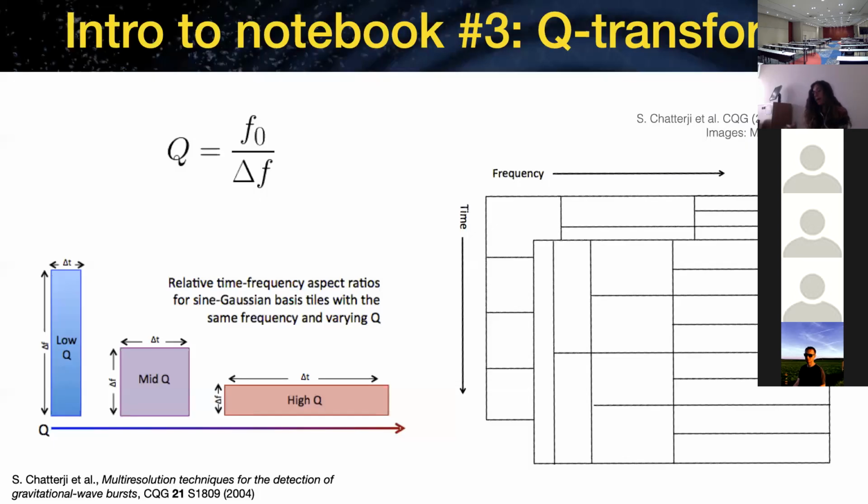As I mentioned in the tutorial we just saw, when we look at gravitational wave data, we need to analyze both the time and frequency content of the data.